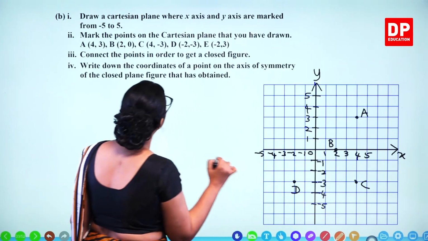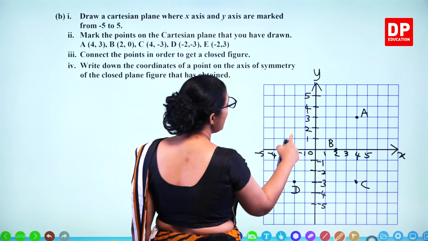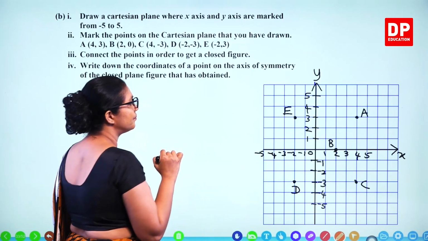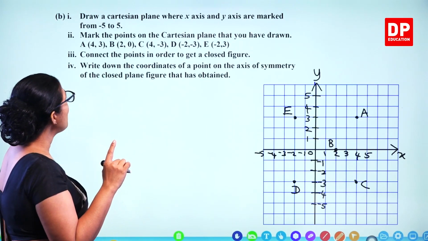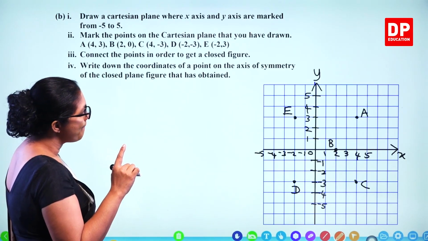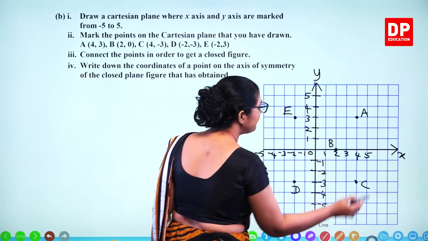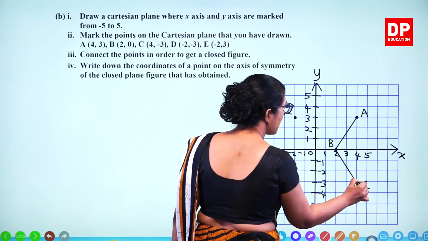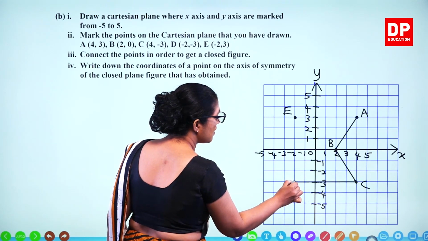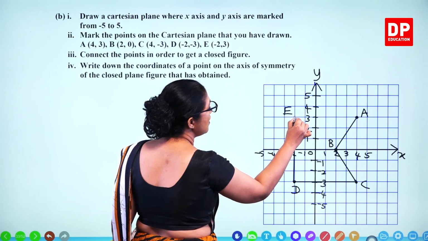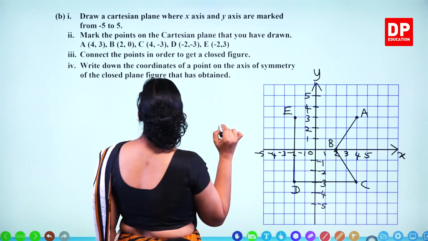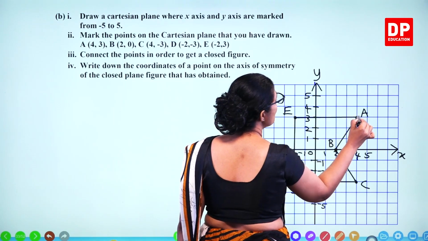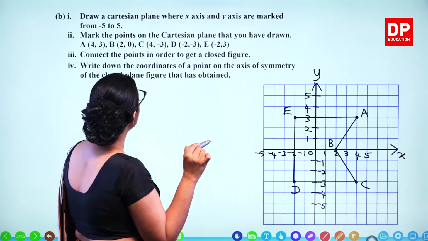That's D. Minus 2, 3 is E. Those are the points. Connect the points in order to get a closed figure, starting from A, B, C, D, E, and you have to connect this also to get a closed figure. So that's the closed figure you are getting.